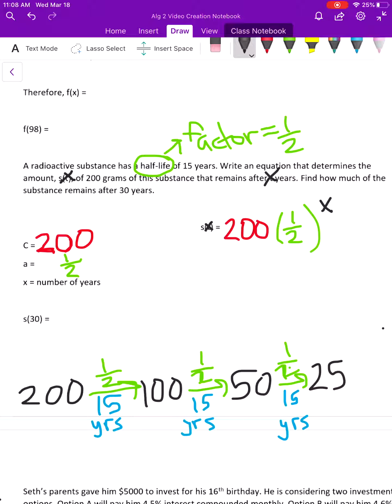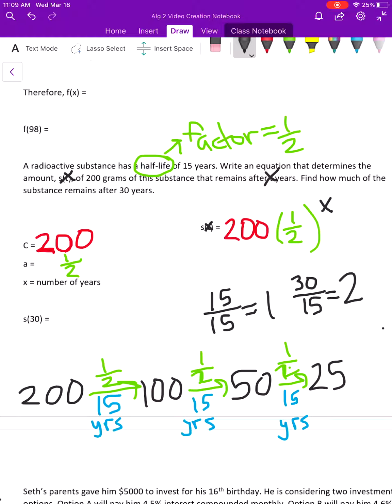And so you can think about it as cycles. So 15 years is really one cycle of compounding. 30 years is 2 cycles of compounding, because it's 15 and 15, which is 30.